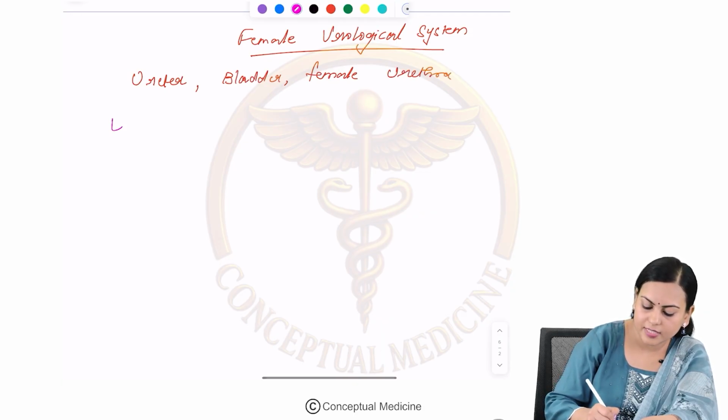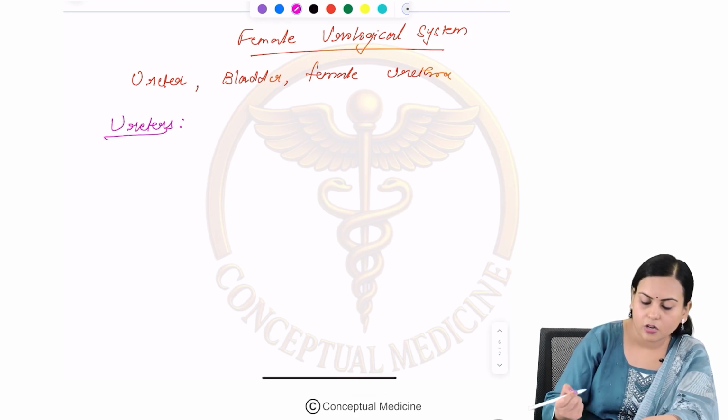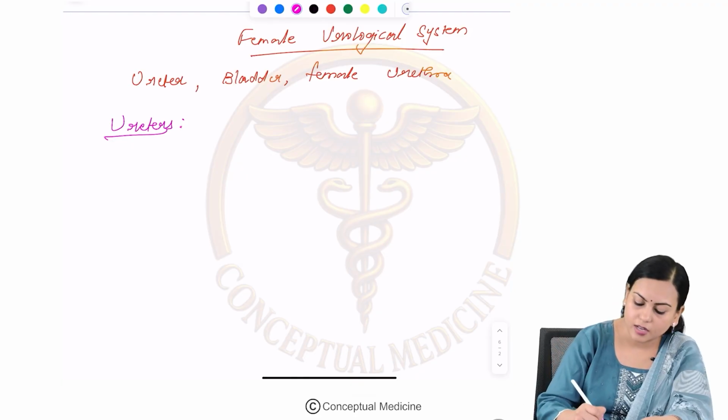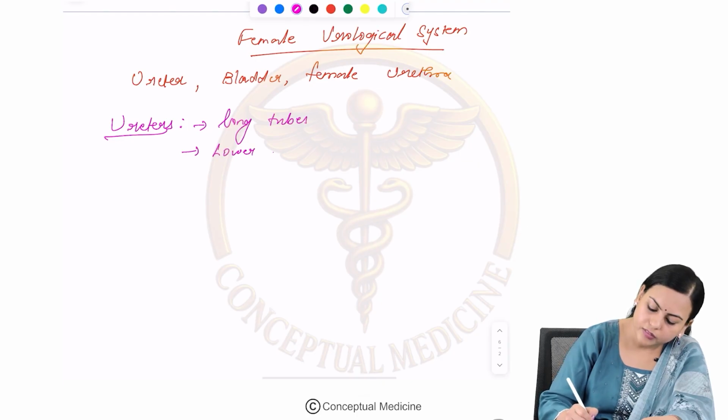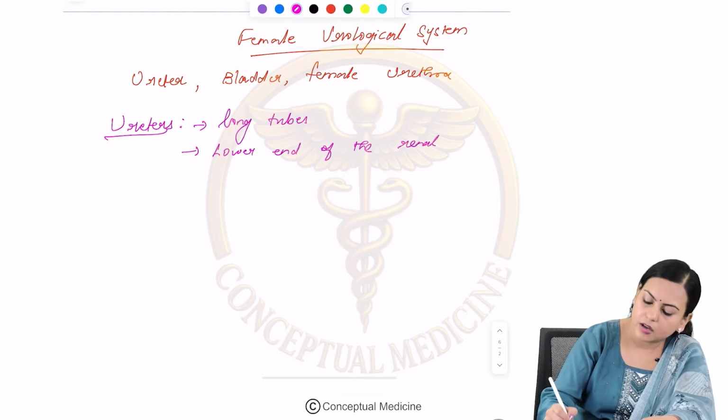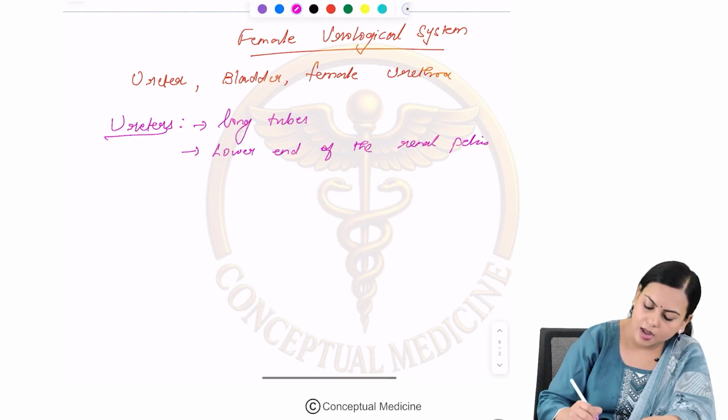First one, we'll start with the ureters. Now, ureters are the long tubes that start from the lower end of the renal pelvis and run all the way downwards to reach the bladder.